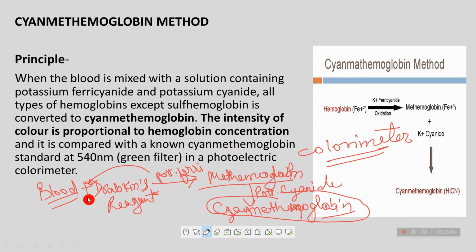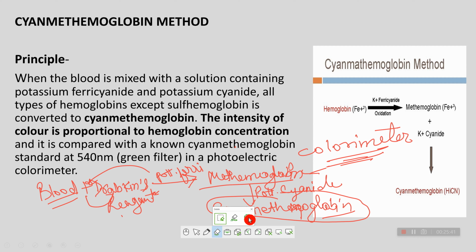When the blood is mixed with Drabkin's reagent, the potassium ferricyanide converts the hemoglobin into methemoglobin. The potassium cyanide reacts quickly with the methemoglobin and converts it into cyanmethemoglobin, which is a light pink colored compound. The intensity of this compound is then measured in an instrument called a colorimeter.